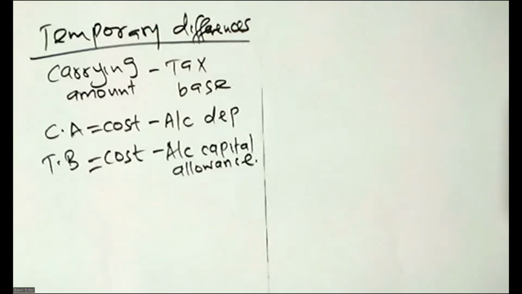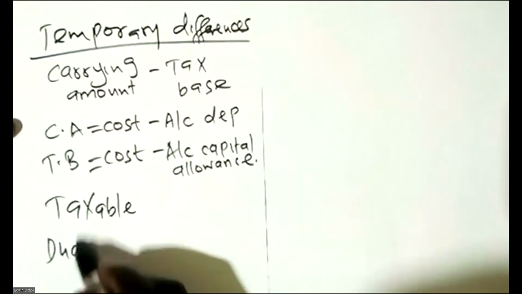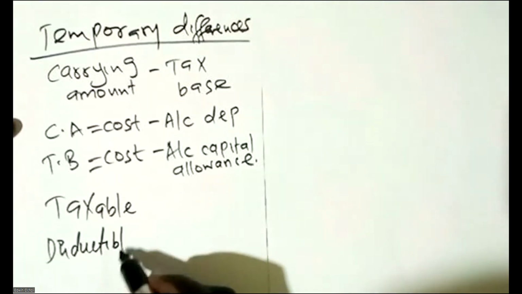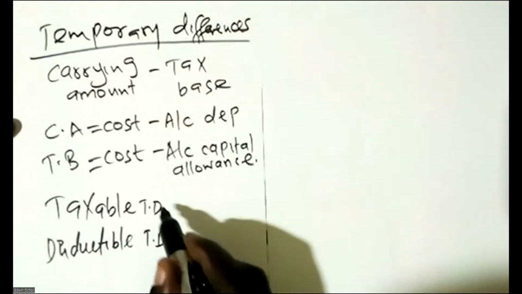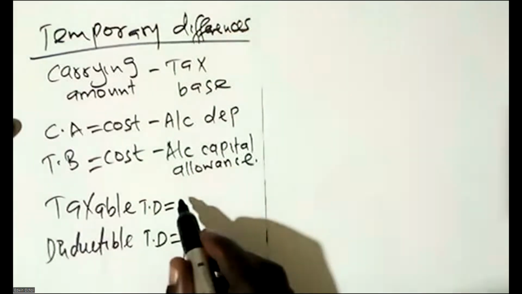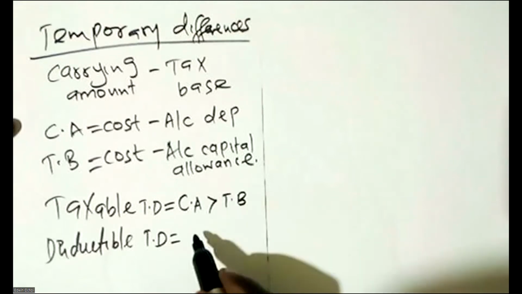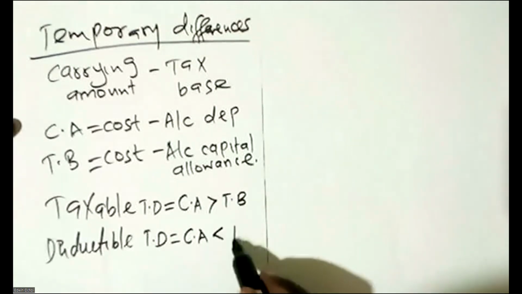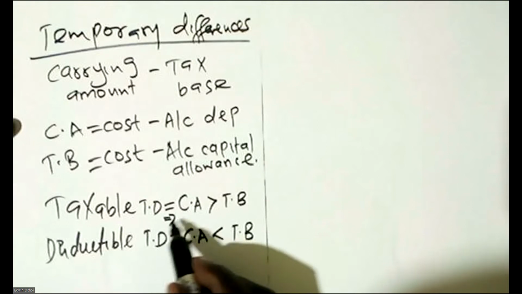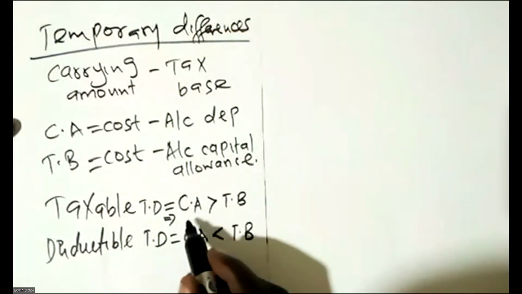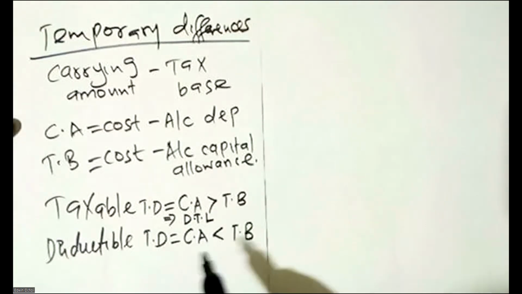We always have types of temporary differences: taxable temporary differences and deductible temporary differences. Taxable is when the carrying amount is greater than the tax base. Deductible is when the carrying amount is less than the tax base. The taxable temporary difference leads to deferred tax liability, DTL.